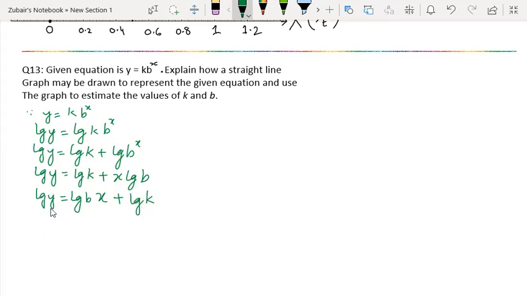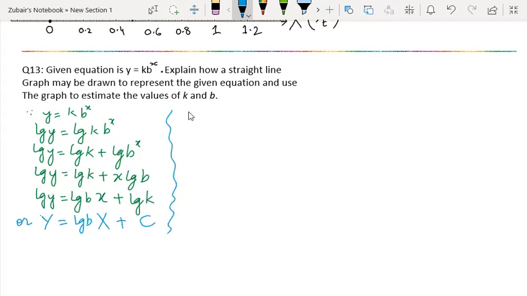Okay, so I can write here like this, Y is equal to Lg b x plus C. So what does it mean?